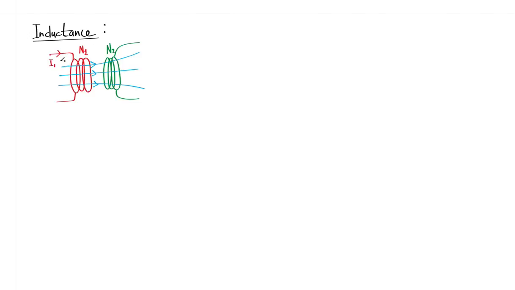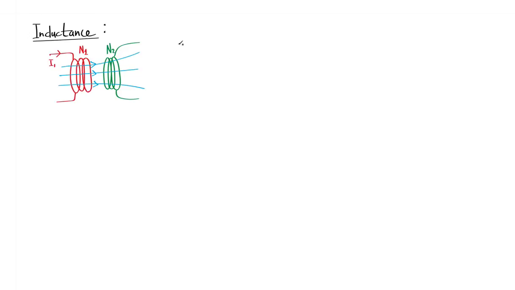So if I change I1 with time, the magnetic field here changes with time, so the magnetic flux through these coils also changes with time. And we know from Faraday's law that a time-varying magnetic flux gives rise to an EMF in the loop. Okay?